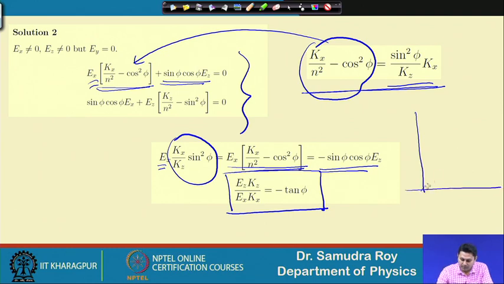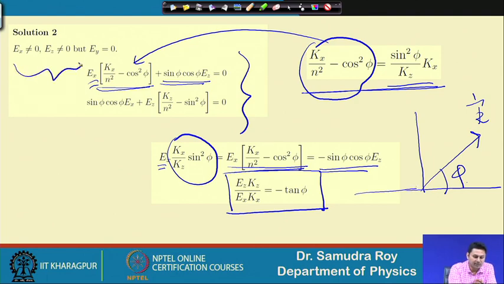So, try to find out what is going on. This is my k vector, which is making an angle phi here, and then my E vector. Because it is a non-trivial solution, Ex and Ez were not equal to 0, but Ey is 0.